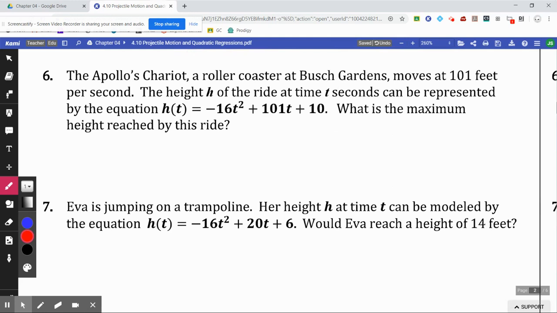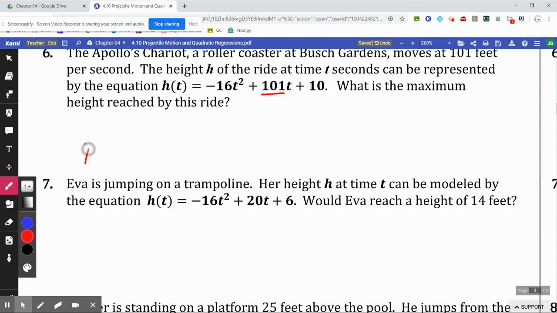The Apollo's Chariot, a roller coaster at Busch Gardens, moves 101 feet per second. The height of the ride at time t can be represented by this equation. What is the maximum height? Okay, maximum height, we're simply looking for a vertex there. Vertex is found by doing negative b over 2a when it's in standard form.